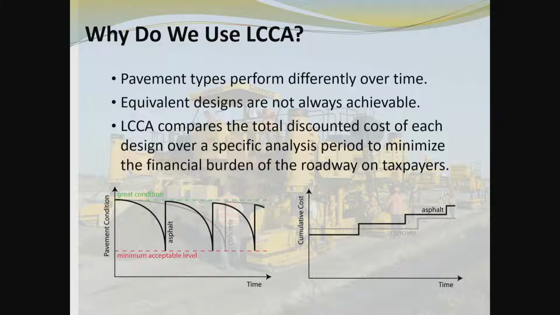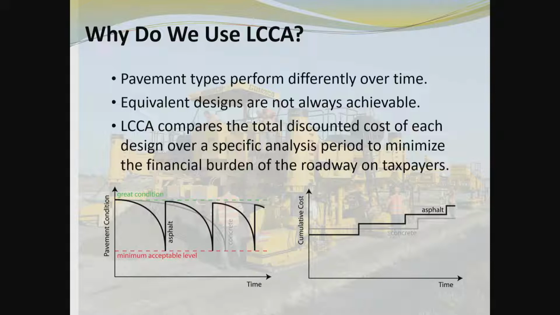So pavement type condition. We have asphalt and concrete, and I apologize for the lightness of the concrete. Concrete pavements will typically last considerably longer till they reach the end of a design period where they need some type of heavy-duty maintenance or rehabilitation activity. Asphalt will undergo numerous cycles up until that point. And that is the key ingredient in life cycle cost.